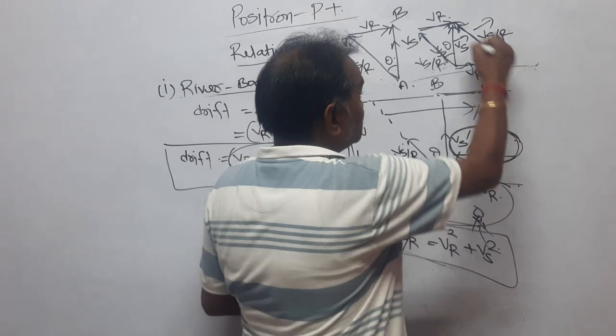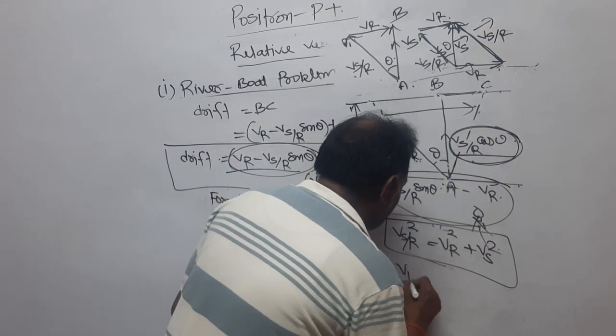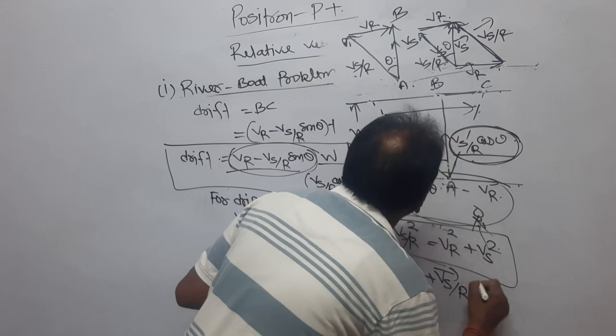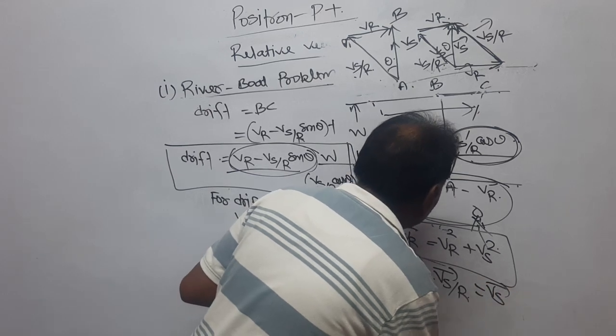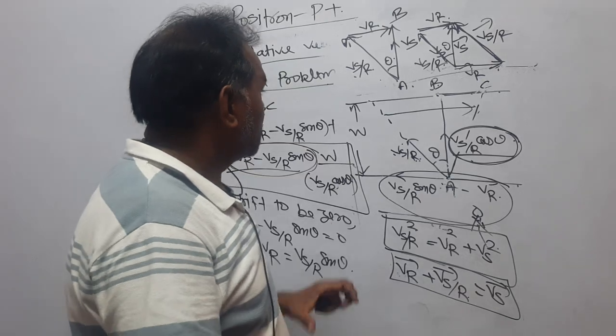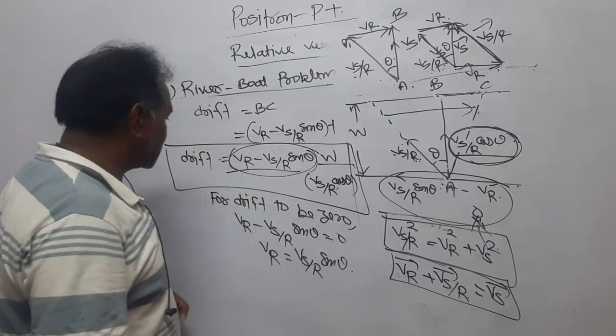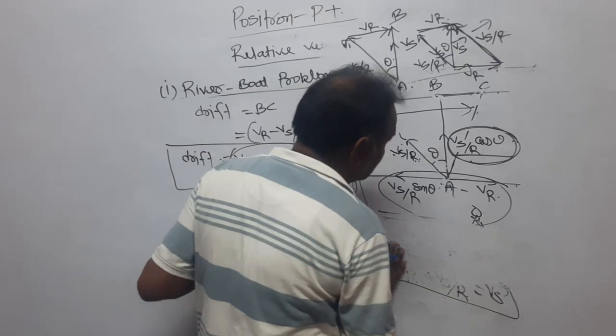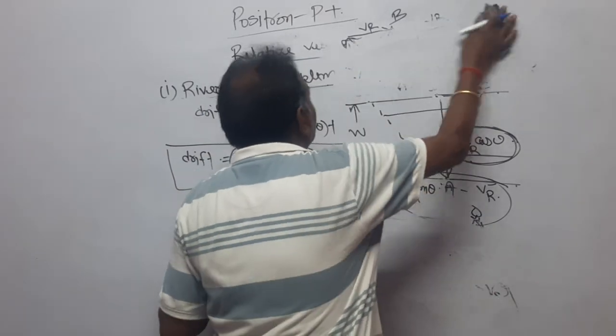So VR plus VSR is equal to VS. In this way you can solve. Now dear student, this is the condition. Here we have found out the condition when drift becomes zero.